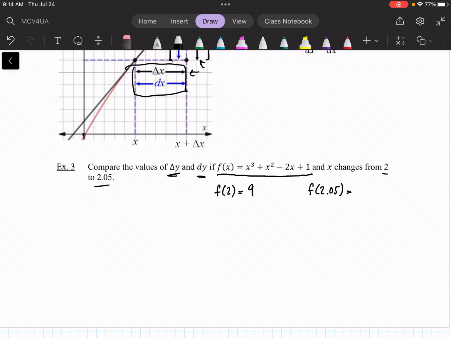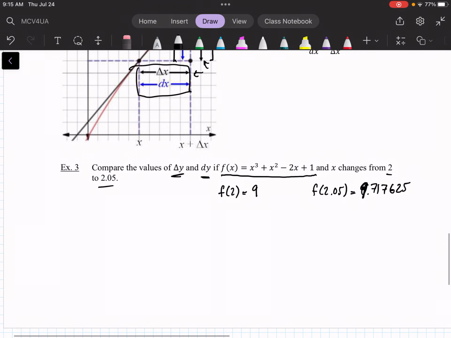So now substituting that into my calculator, I get 0.717625. Oh, my apologies. 9.717625. I already subtracted it. So that means my change in y is actually 0.717625.